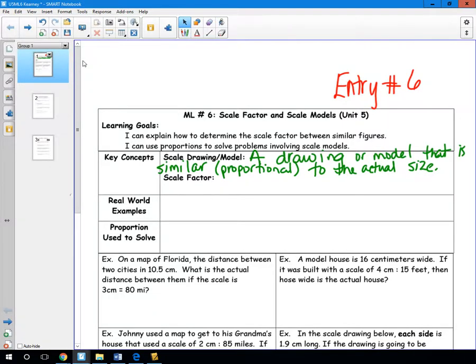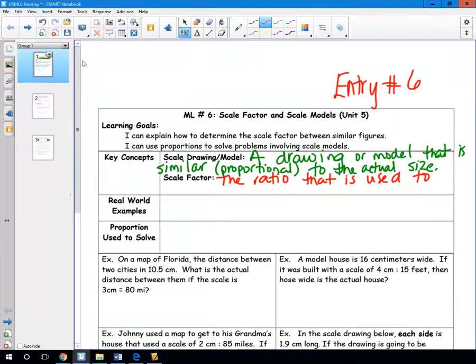So scale factor is the ratio that is used to increase, or we can say enlarge, or reduce a figure.